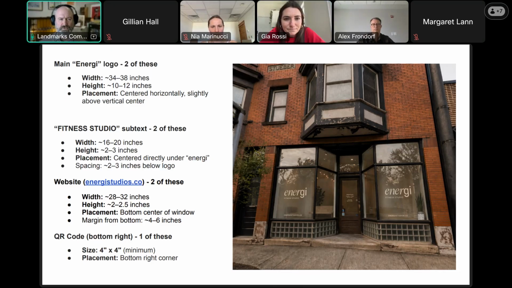So this is phase one, and down the road, when business is thriving, you can invest in a blade sign. That's the goal. We'll start small with the simple window decals and go from there.